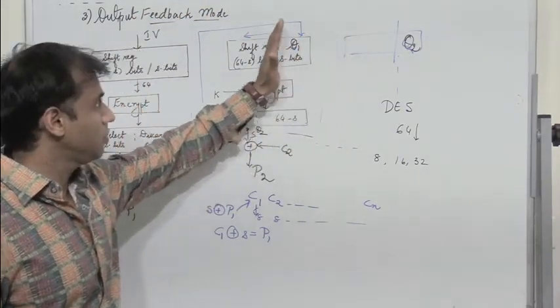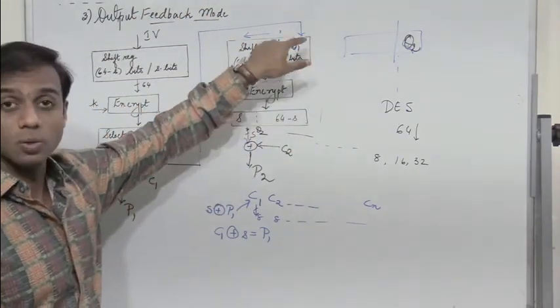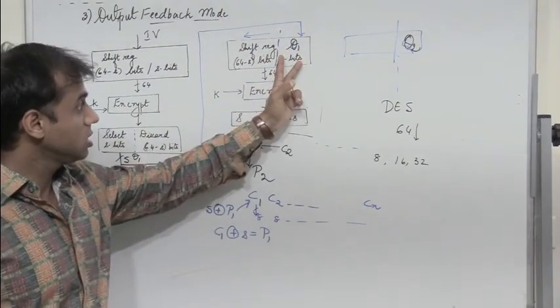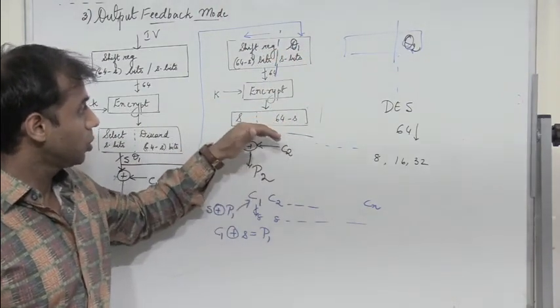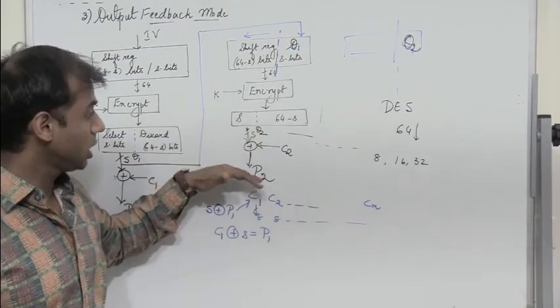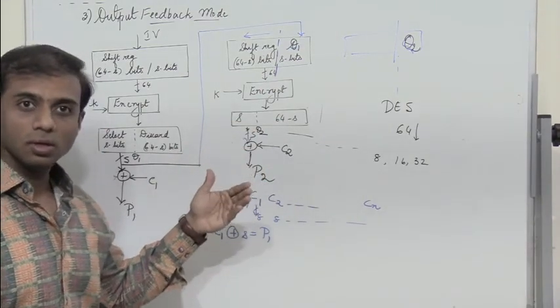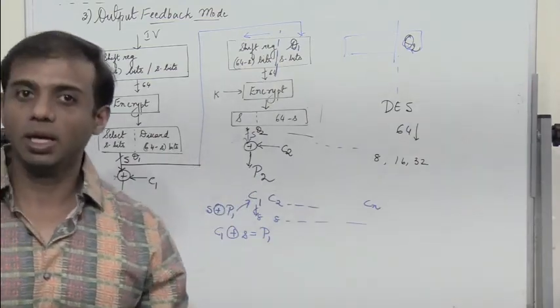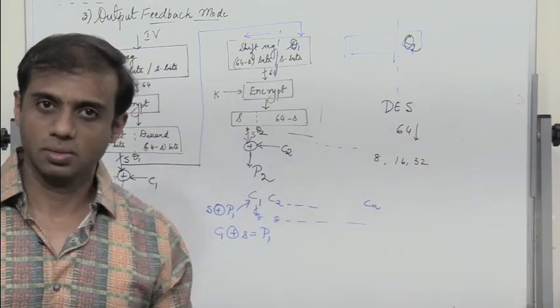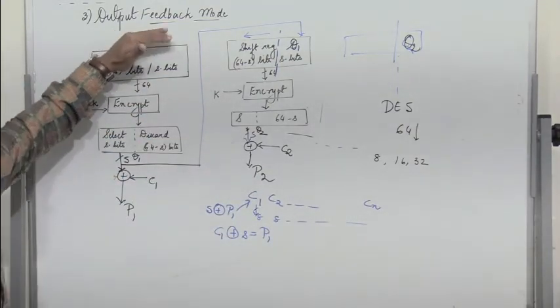You shift left by S bits and store C1 here. C1 is in error, so the output I get is an error, which is XORed with C2, so P2 will also be in error. So there is error propagation in cipher feedback mode.